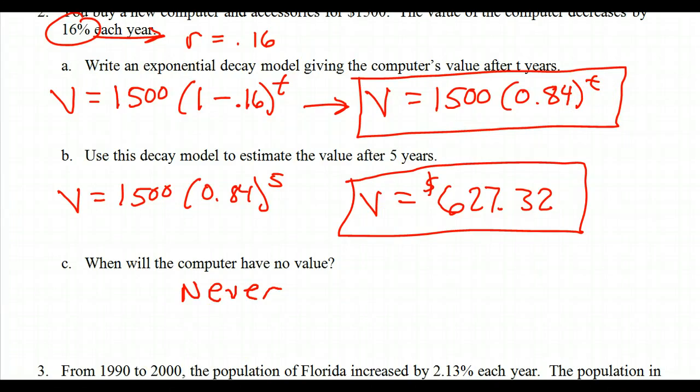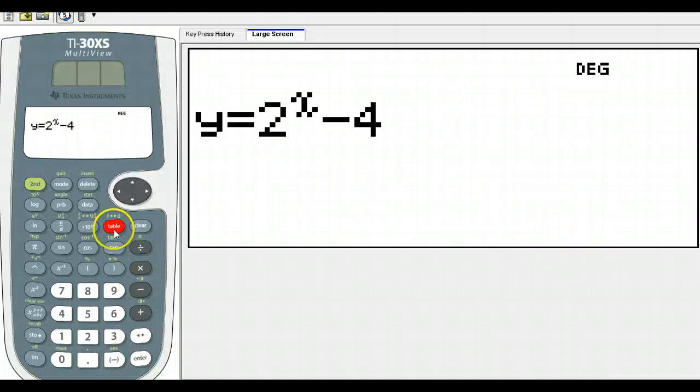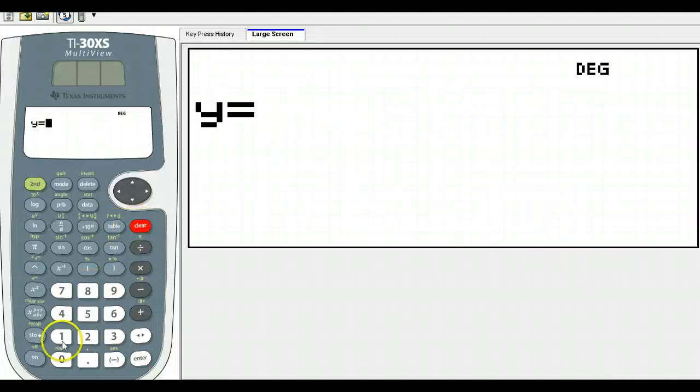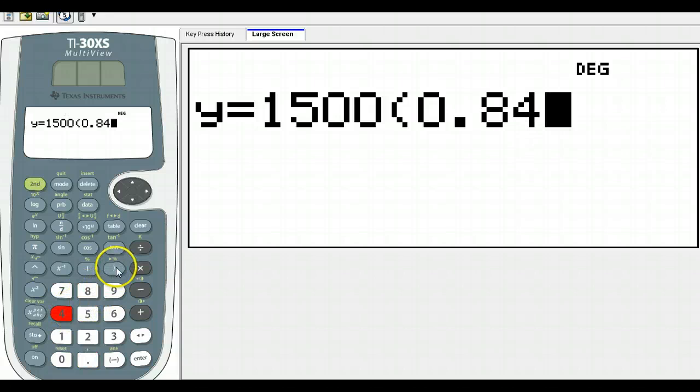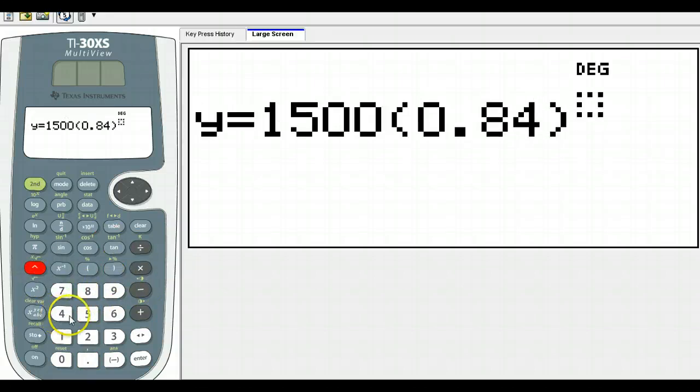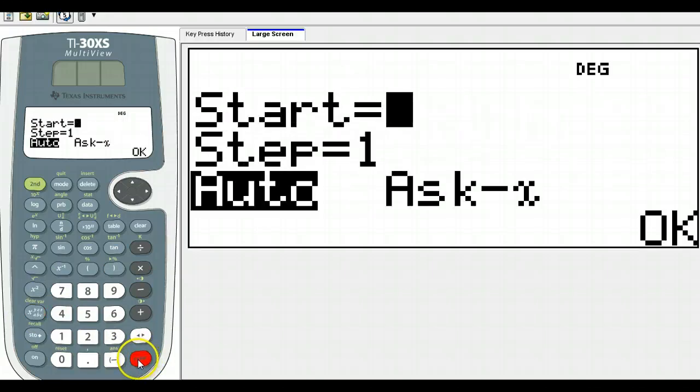So go to your calculator, hit the table function, and we can just type this in. 1,500, decay factor. Use your caret to make this an exponent, and we'll say the x power. And we'll just start from 0. Just hit enter a few times.